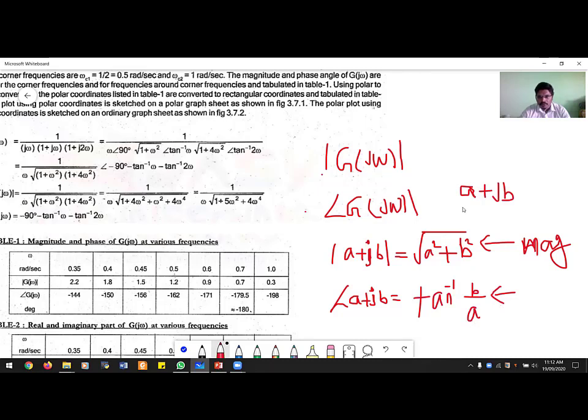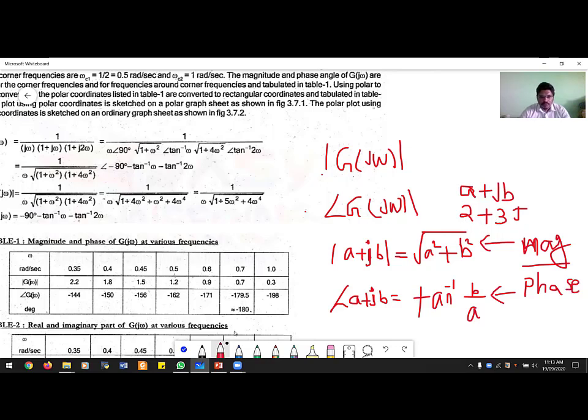For example, take 2 + 3j. Here the a value is 2 and the b value is 3. Just substitute the a value and b value in this formula, then you will get the magnitude value and the phase value of this complex variable 2 + 3j.